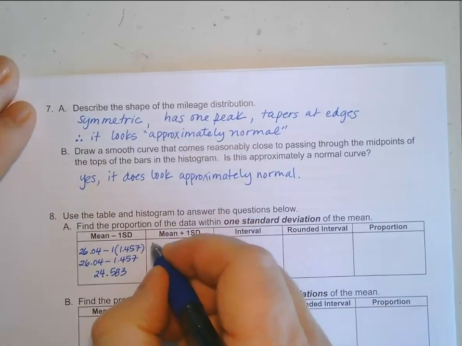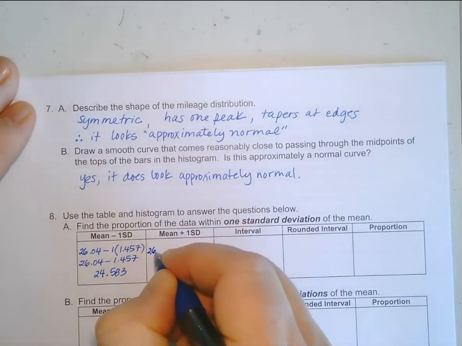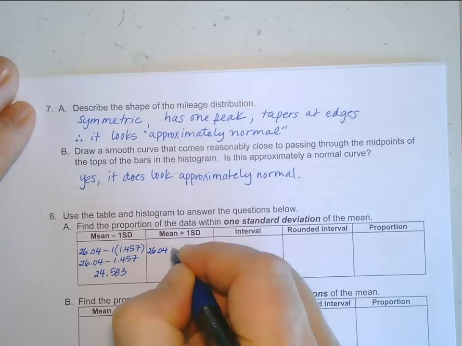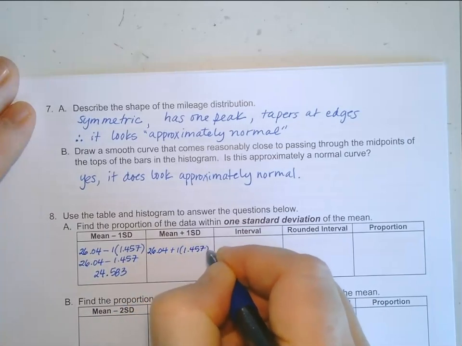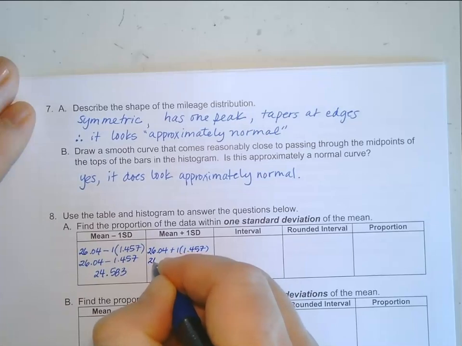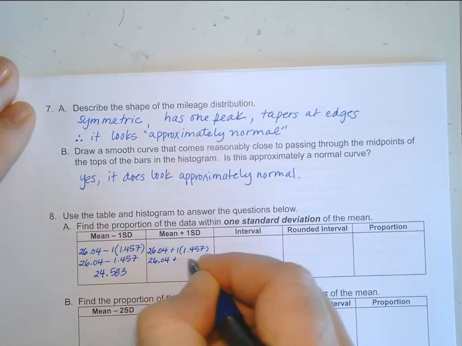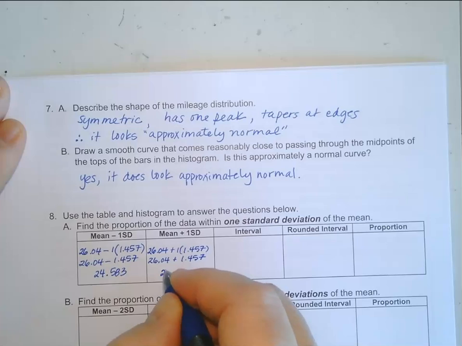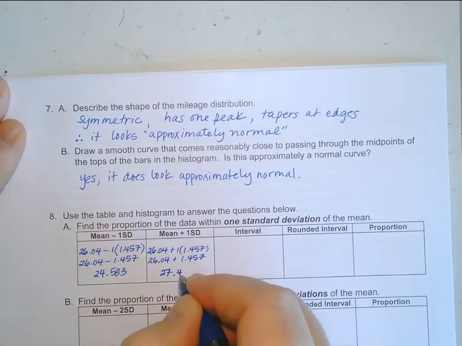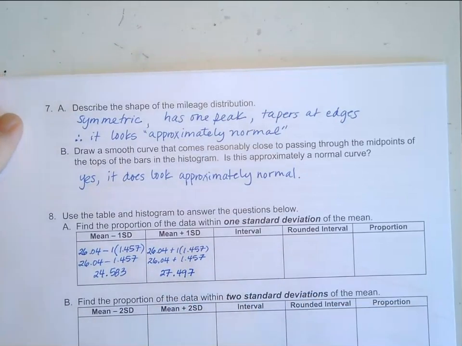So the mean plus 1 standard deviation would be 26.04 plus 1 times that 1.457. So that's going to be 26.04 plus 1.457. And when you add those together, you're going to get 27.497.